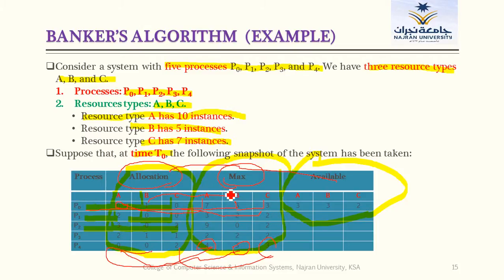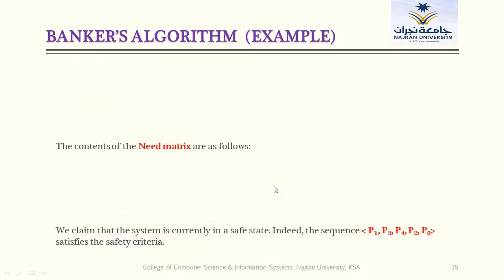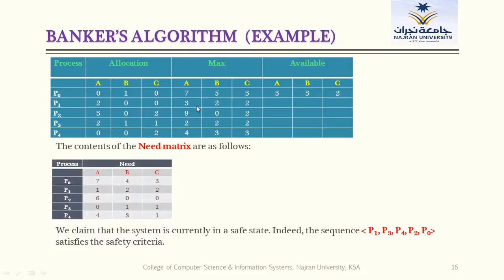In the same way, we just subtract allocation from maximum and we get the need matrix. See here that for this data we have calculated the need matrix: 7 minus 0 is 7, 5 minus 1 for instance B is 4, 3 minus 0 is 3. So max minus allocation. We subtract allocation from maximum and we get the need matrix.